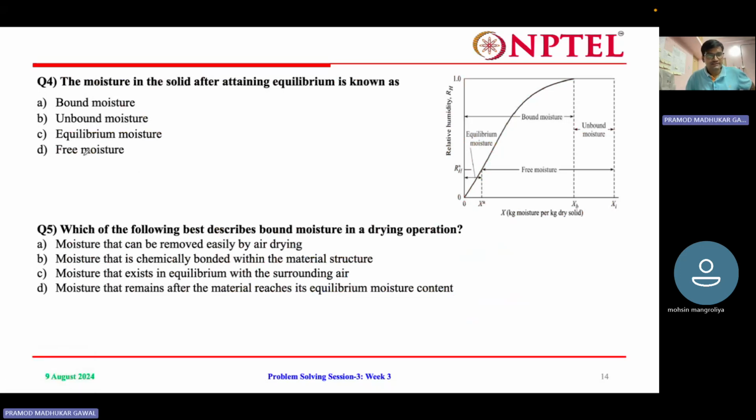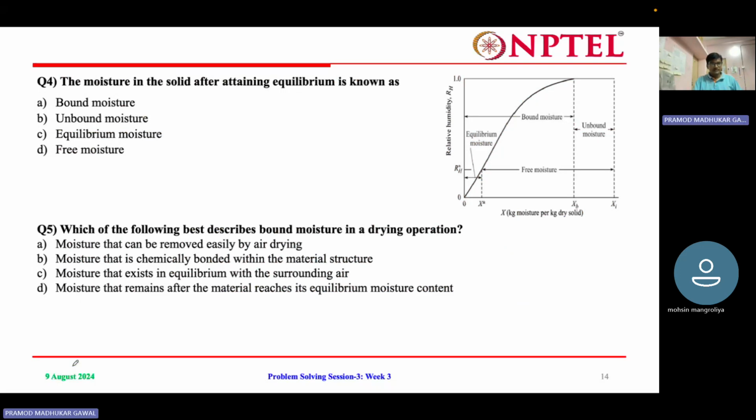Now we have to tell the answer. Question number 4. Here is a graph given. The moisture in the solid after attaining the equilibrium is known as. It's answer A, bound moisture.